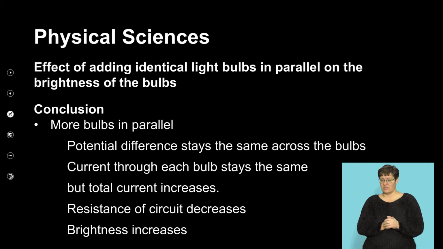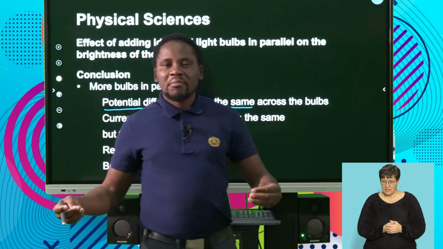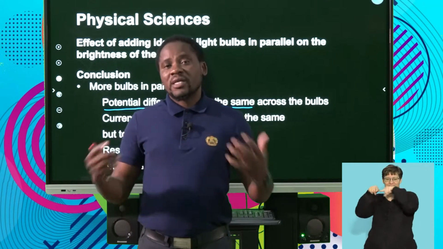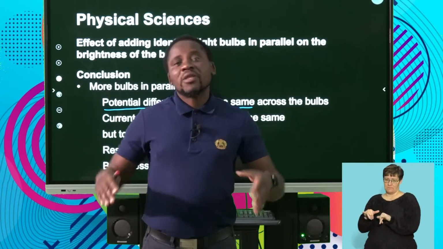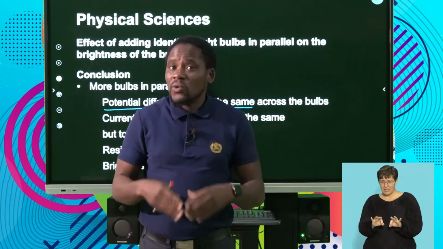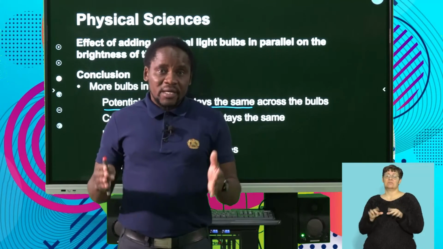But then in conclusion, we are saying that if we have more light bulbs in parallel, the potential difference stays the same. Where does this come from? Remember, in any parallel connection, the magnitude of potential difference remains the same, whether the light bulbs are identical or not. In a parallel connection, potential difference remains constant.